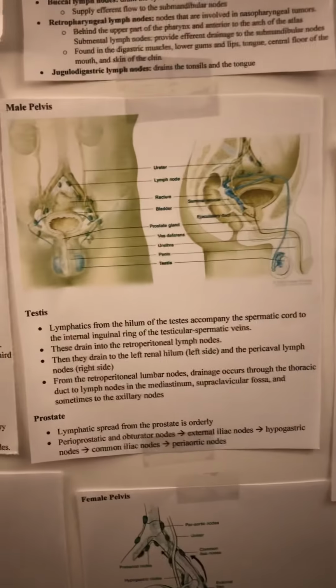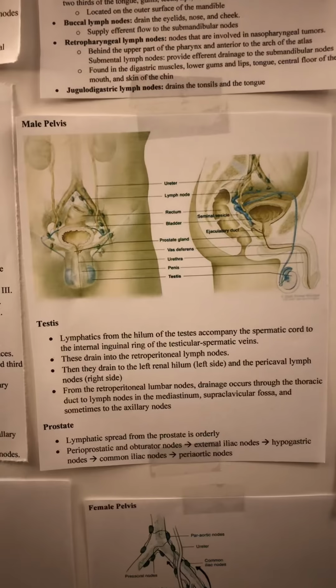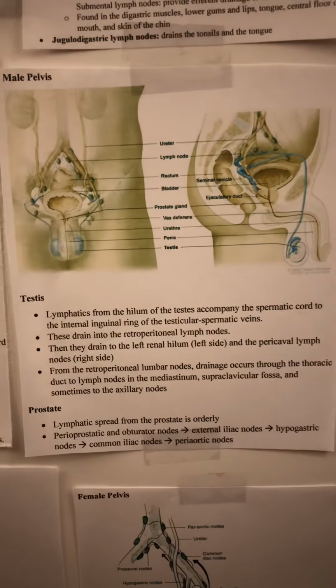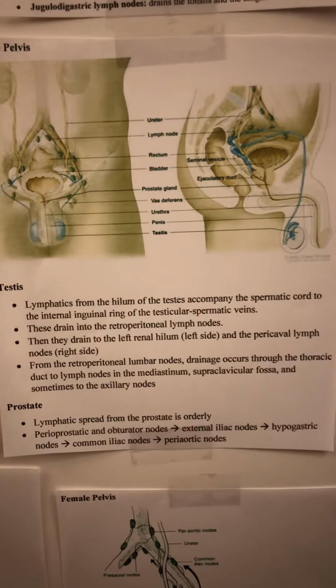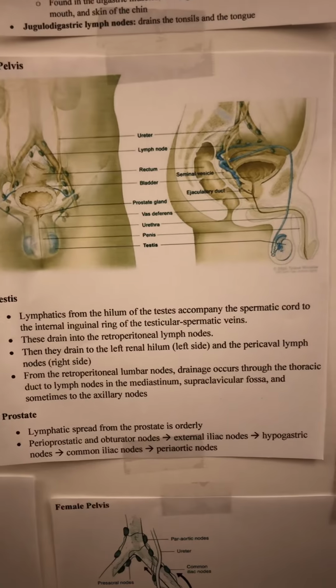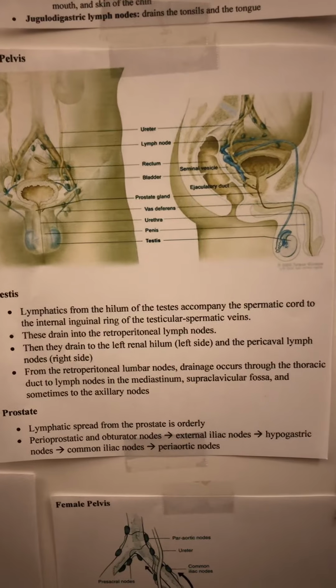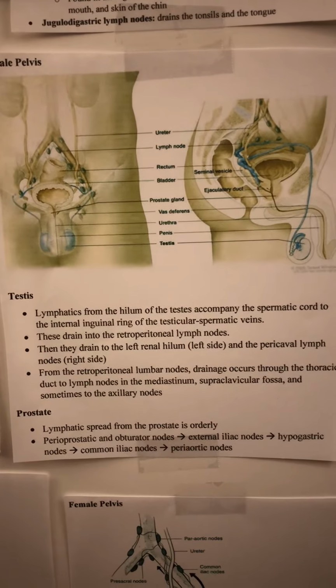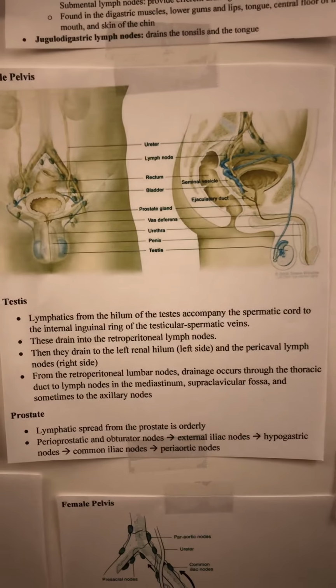Okay, moving on to the male pelvis. I split this one up basically into testicular cancer and prostate cancer. So for testicular, the lymphatics from the hilum of the testes accompany the spermatic cord to the internal inguinal ring of the testicular spermatic veins, which then drains into the retroperitoneal lymph nodes.